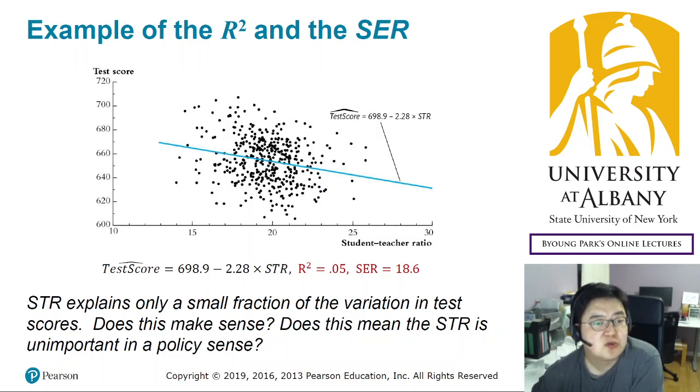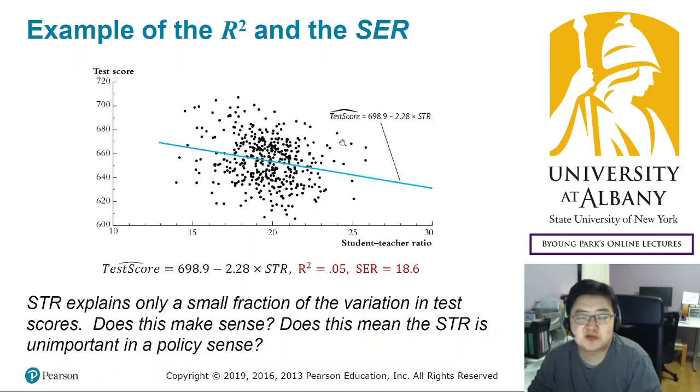Hello. So now we are going back to the example and we are going to apply it. We will see an example of how the R squared and the standard error of the regression measures are used. In the test score and student-teacher ratio example, we obtained these estimates: test score is approximately 700 minus 2.28 times student-teacher ratio.